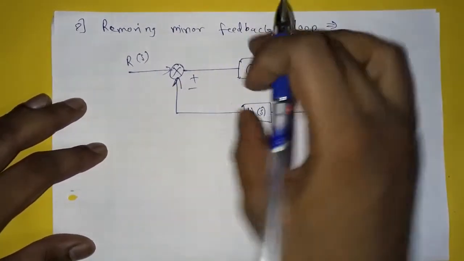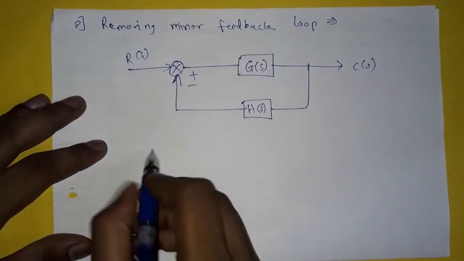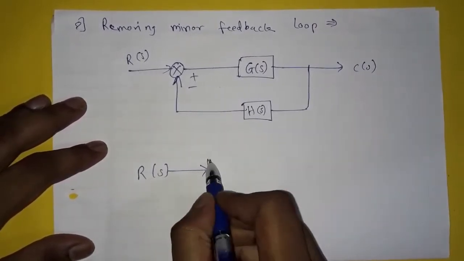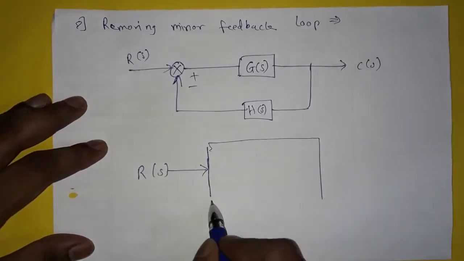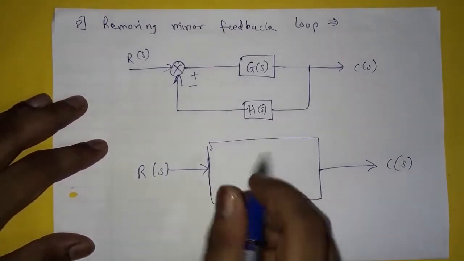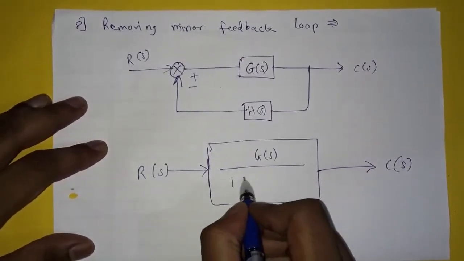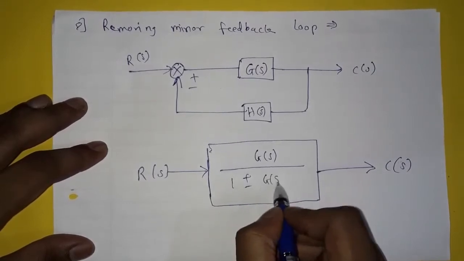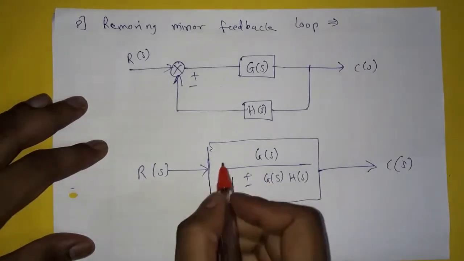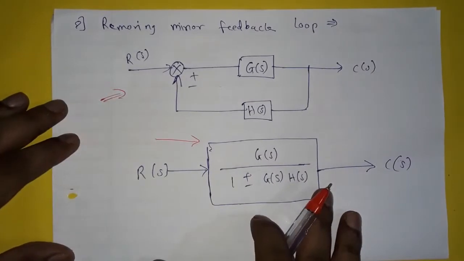Then we will make it in a single block like this, R of S. This is a single block, and this is C of S, and its value will be G of S upon 1 plus minus G of S into H of S. This is the transfer function of this control system.